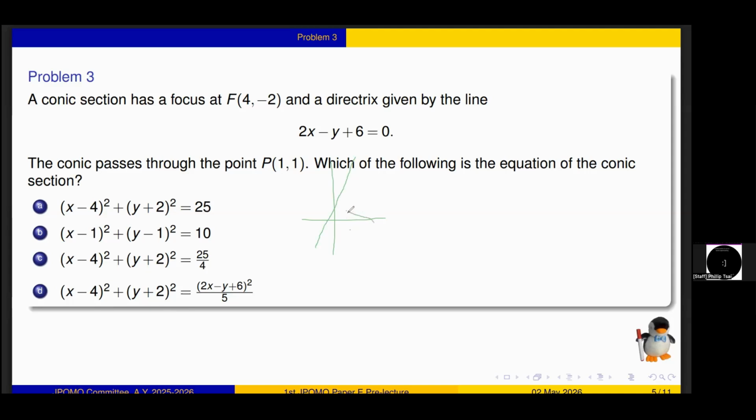Either way, it's supposed to be something like this, I believe. And so we have to rotate the parabola somehow to get just a regular parabola with a directrix and the focus. But anyways, that's how I would have probably done it.